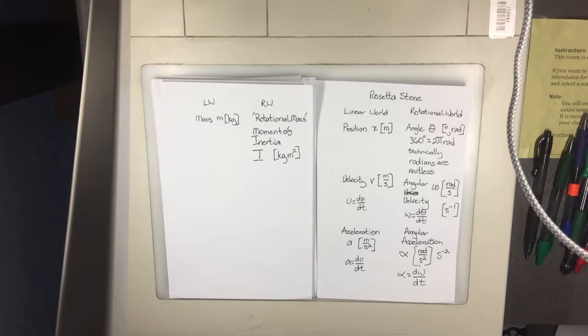As an example, I haven't done anything to this bar, but now I'm going to try to rotate it around the end. It's way harder to get this thing to swing around. Another example: this is a simple clamp, and I'm going to put it in the middle of the bar.